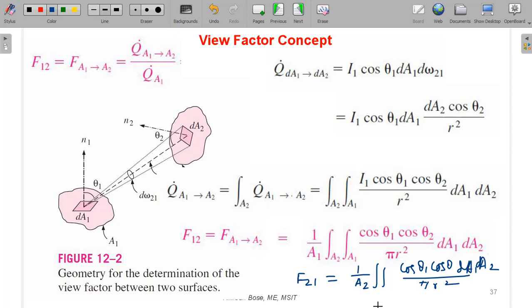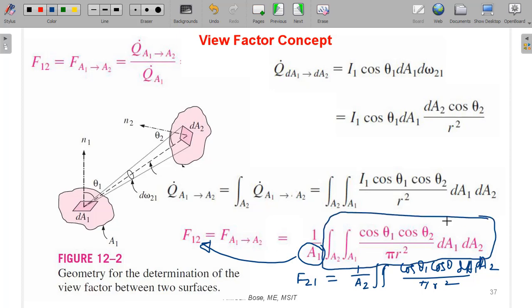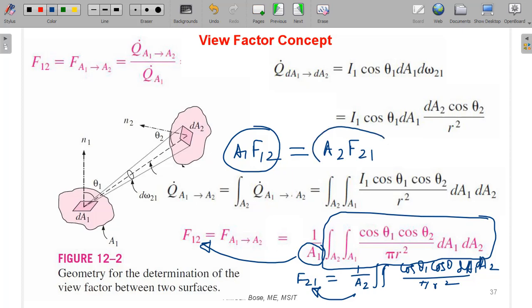And I think you can understand that there is a relationship we can develop: A1 into F12, which is basically this symmetric integration, is exactly the same as A2 into F21. So these two things are the same.